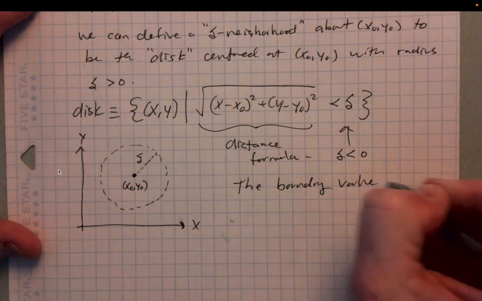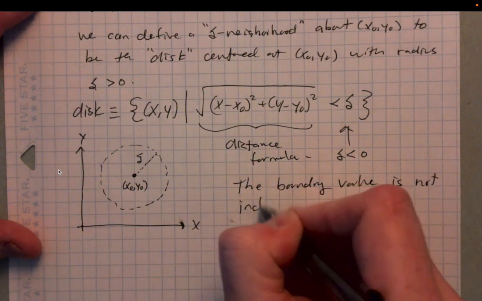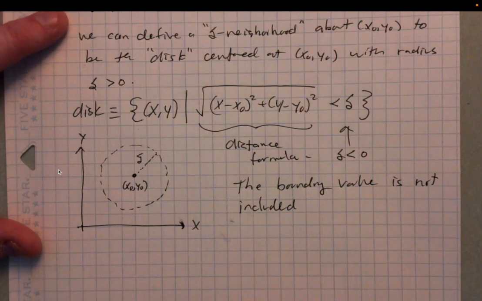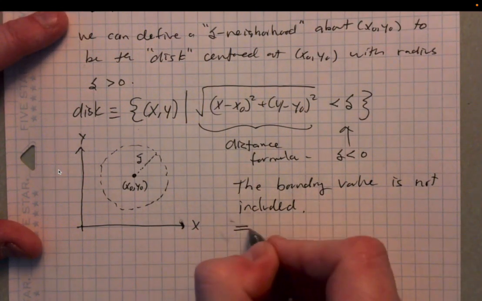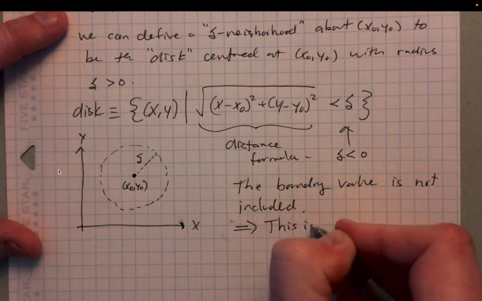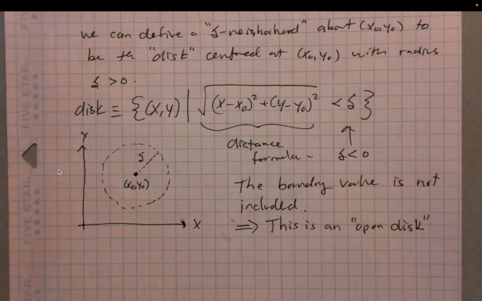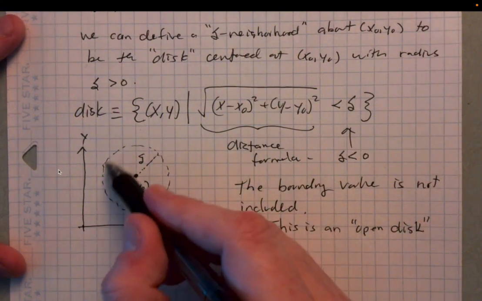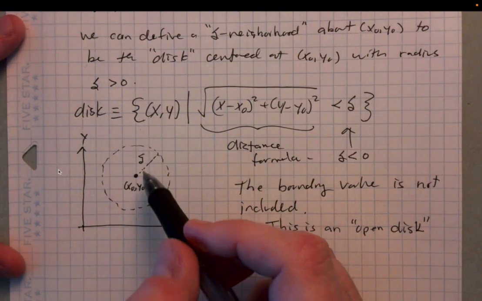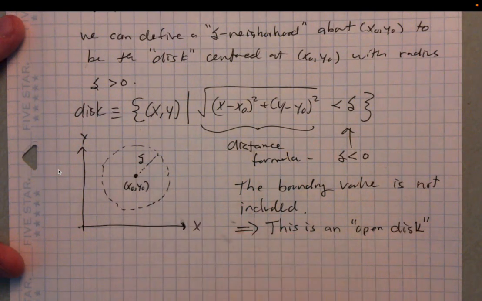What this implies is that this is an open disk, kind of analogous to an open interval. On an open interval, the lower and upper bounds are not included in the interval. Same idea here on an open disk: all the values that would fall exactly on the boundary, exactly delta away from x0, y0, are not included in this open disk.